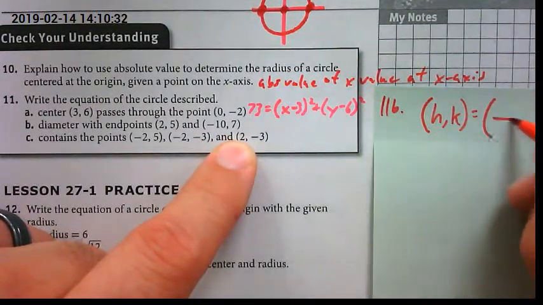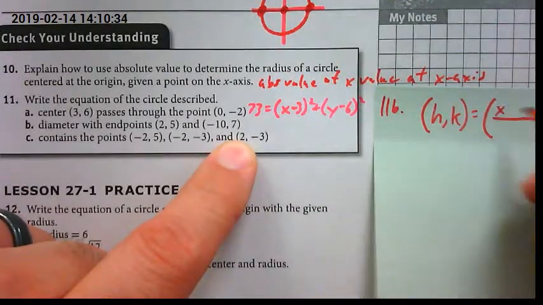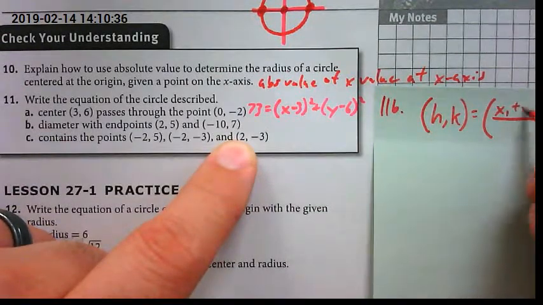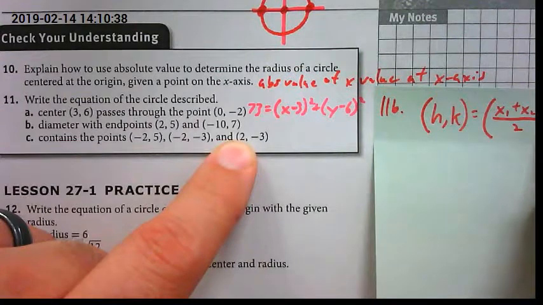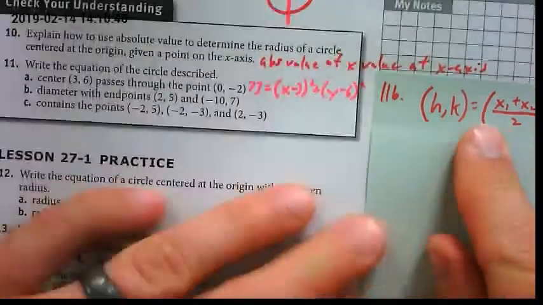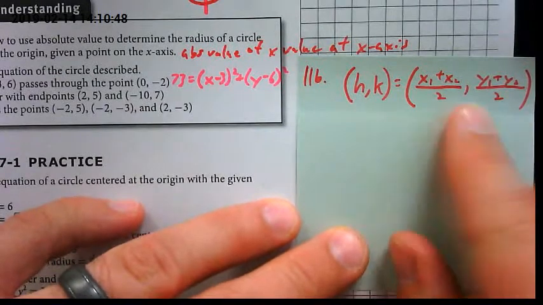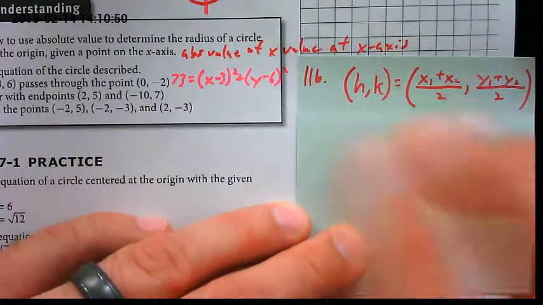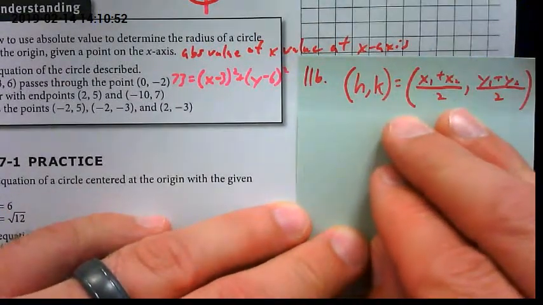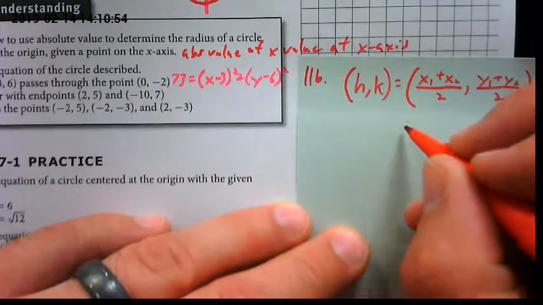So we're using our midpoint formula: x1 plus x2 divided by 2, y1 plus y2 divided by 2. Again, this is only true if (x1, y1) and (x2, y2) are the ends of the diameter, right? So that's what's happening in this problem. That's why we can use the midpoint formula to find h and k.